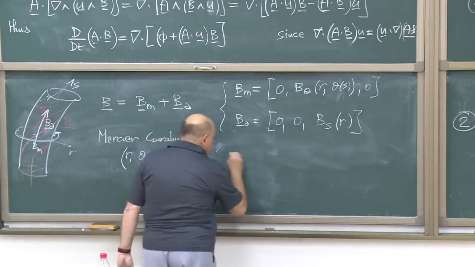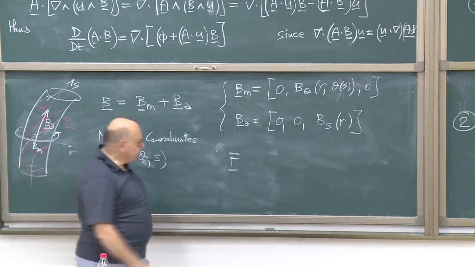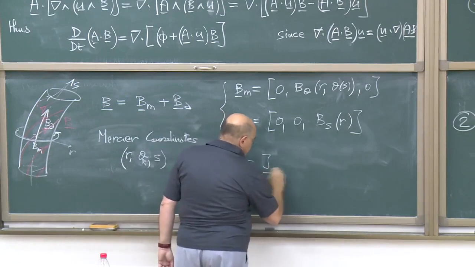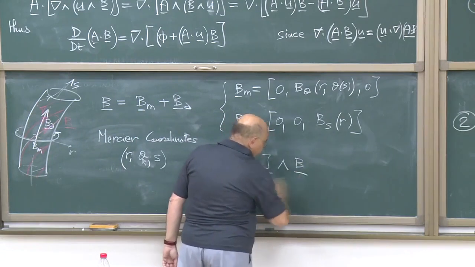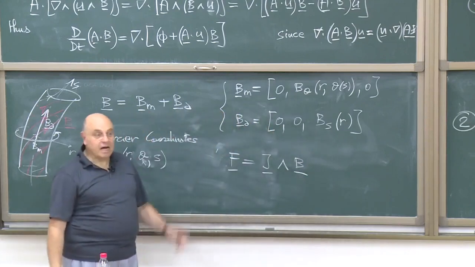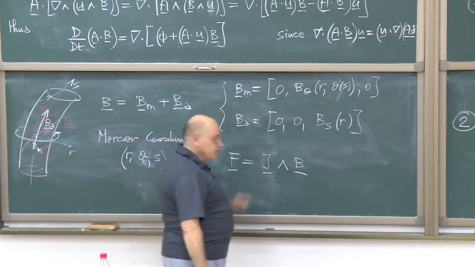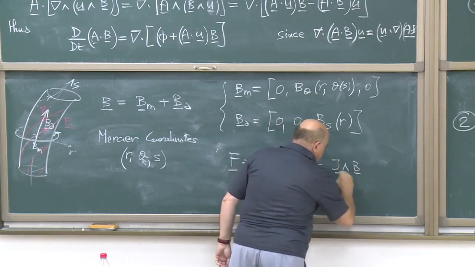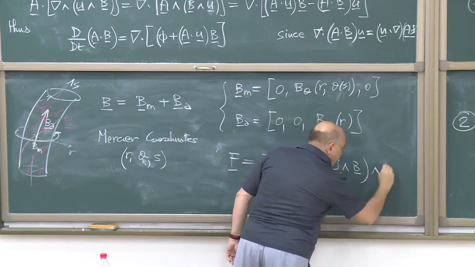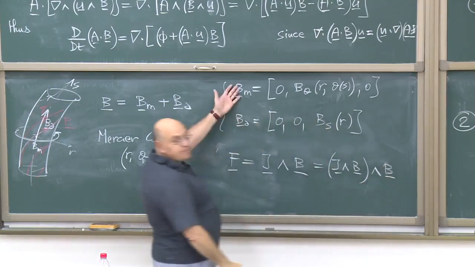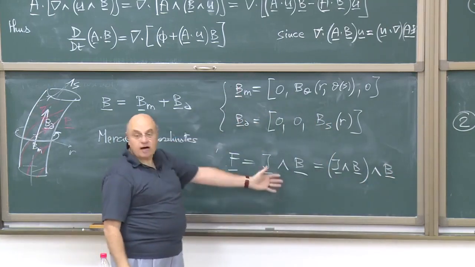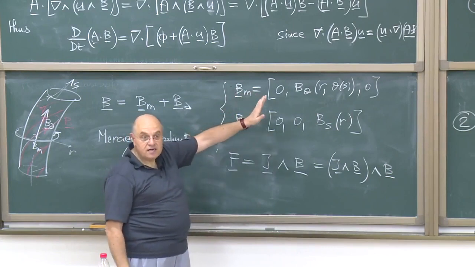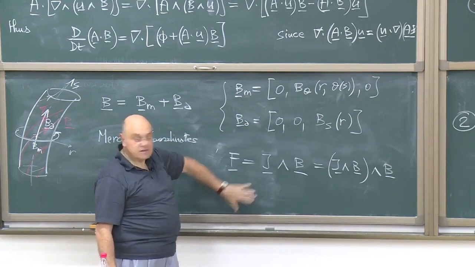I want to find out the force, and the force is J cross B. But J is the curl of B. So given B, I can work out the force, given the complexity of B.